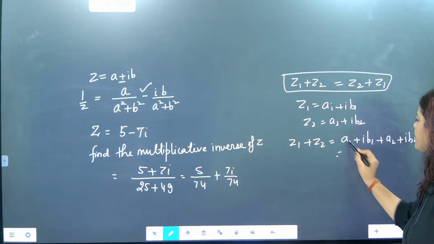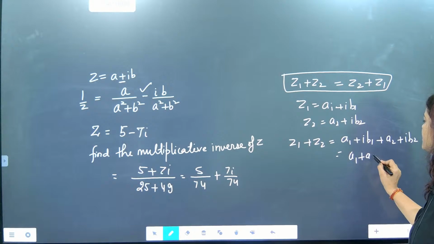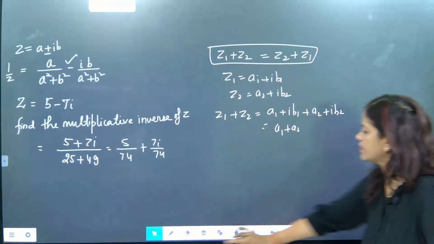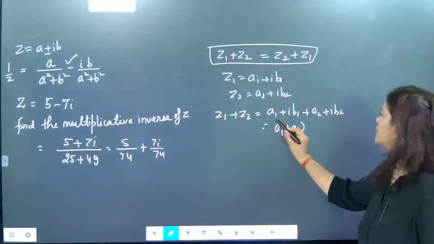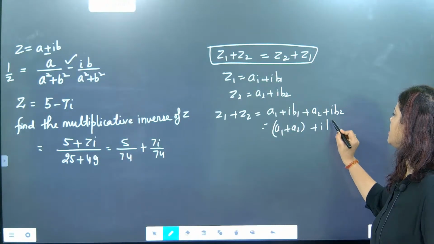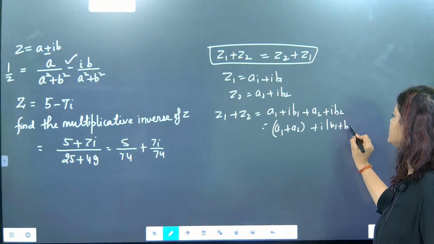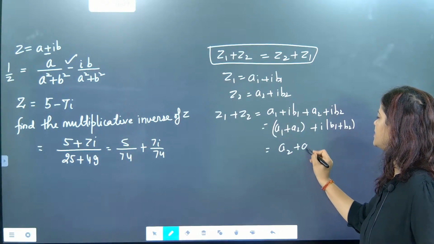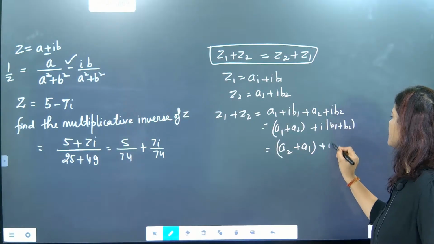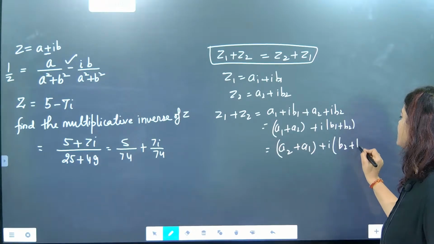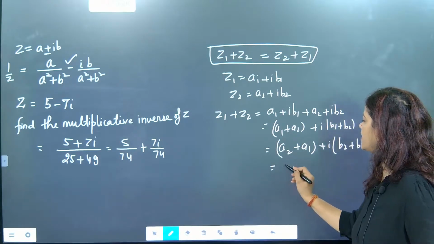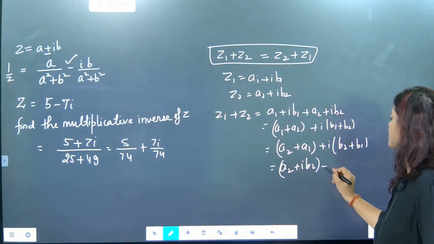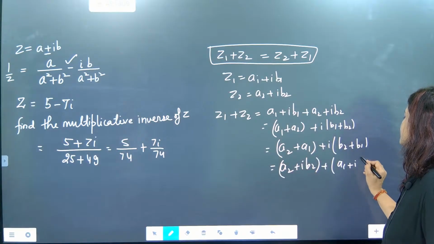So with the real part we can write A1 plus A2, and i times B1 plus B2. Just shuffle it, it will become A2 plus A1, i times B2 plus B1, and then take it as A2 plus iB2 plus A1 plus iB1.